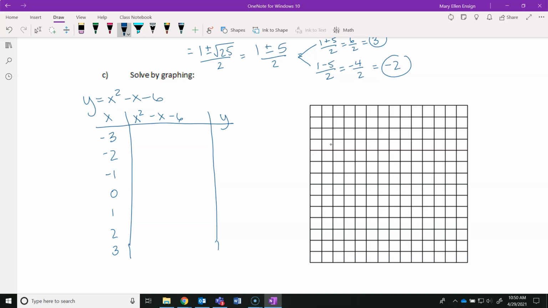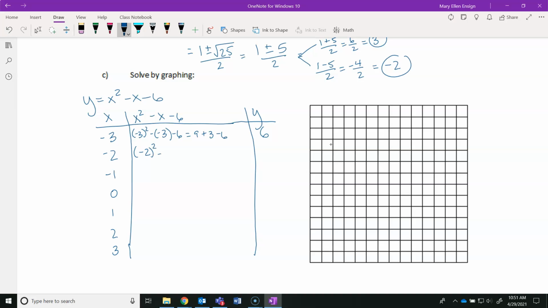Okay, so negative 3 squared minus negative 3 minus 6. Watch your signs there, okay? I'm actually going to take this out and extend this a little to give myself a little more room. Okay, so this is going to give me 9 plus 3 minus 6. 12 minus 6 is 6.